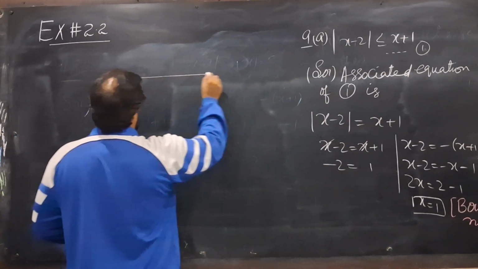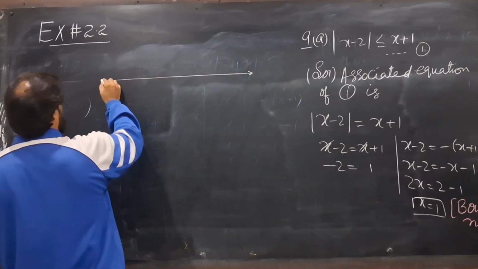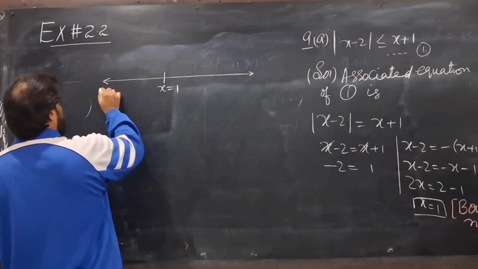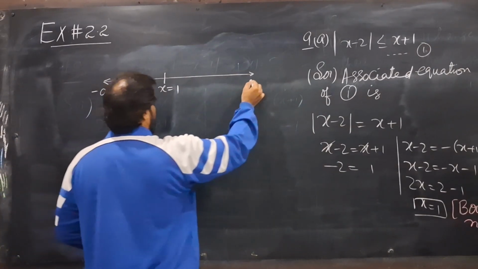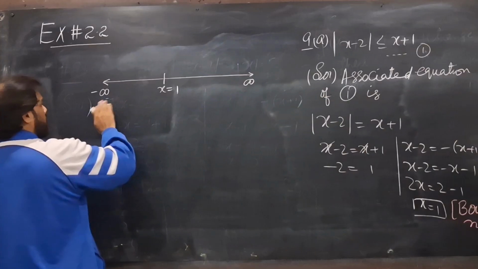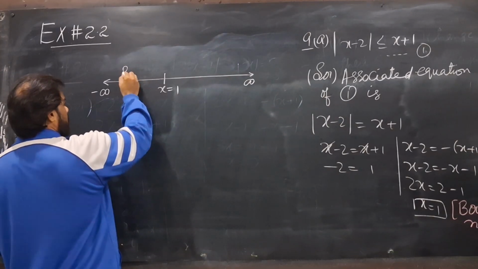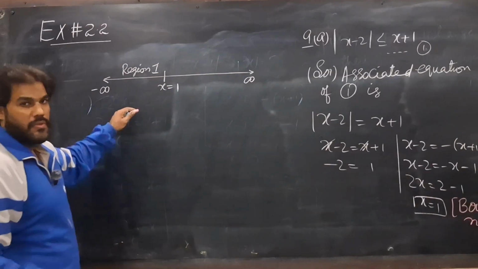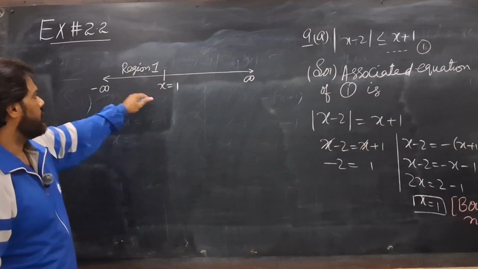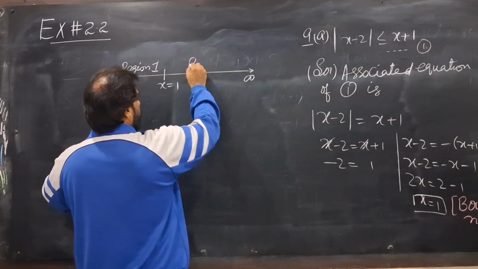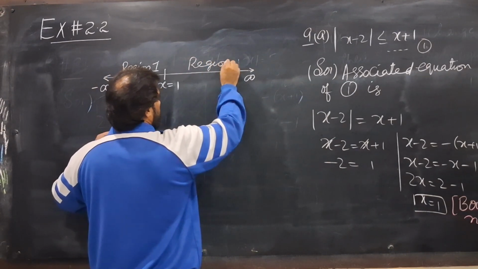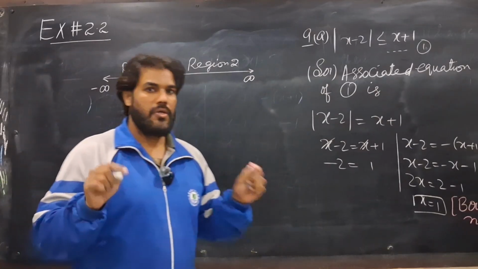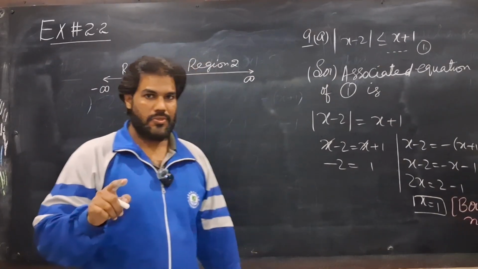This is my real line, and this is x is equal to 1, from minus infinity to positive infinity. Say this is my region 1 that lies between minus infinity to 1, and this is my region 2 that lies between 1 to infinity, and 1 is the boundary between these two regions.